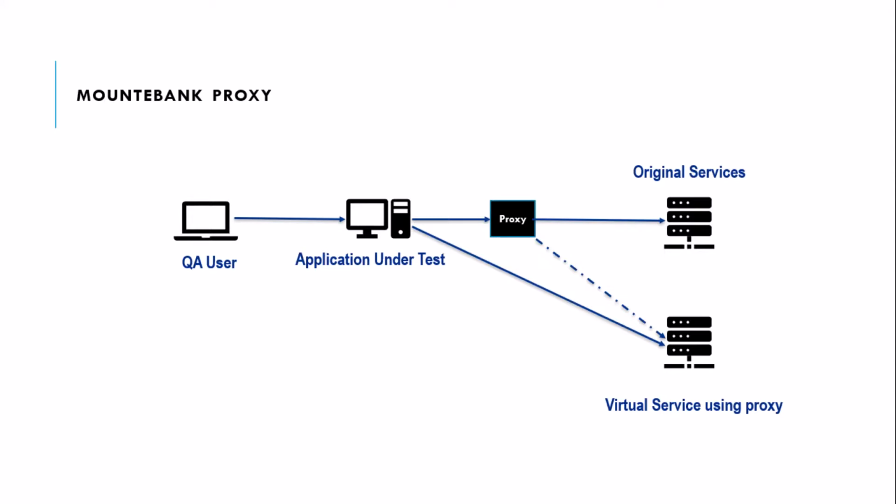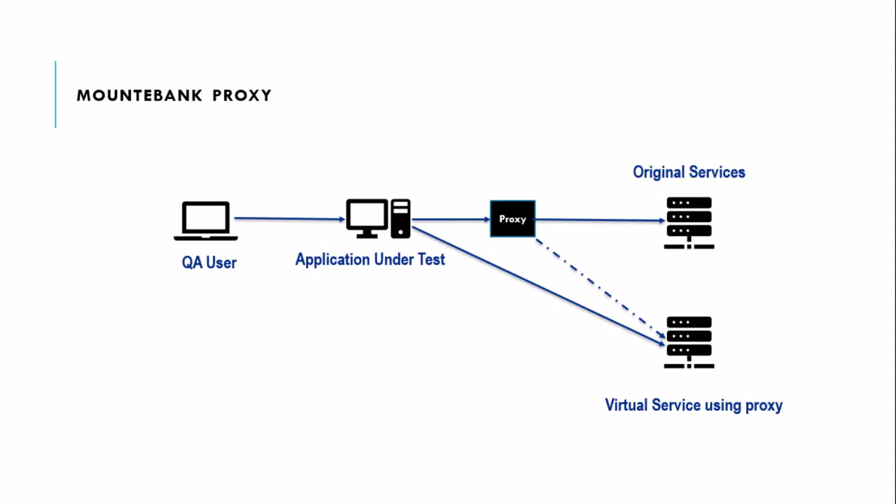As you can see, the proxy is lying between the application under test and the original services. The application under test sends the request to the original service, which goes through the proxy, and the proxy captures the request and then forwards it to the original service. When the original service responds back, the response also goes through the proxy to the application under test.